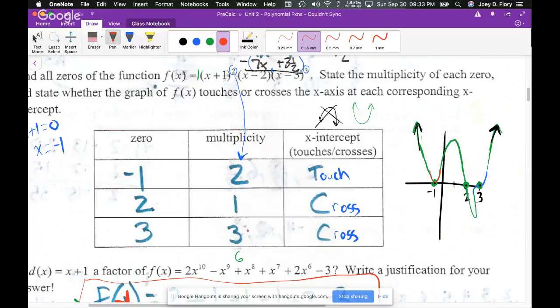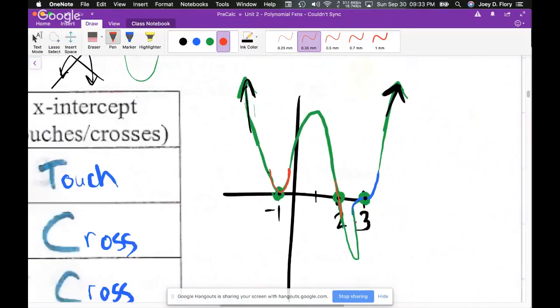It's a double root. At the 0 of 2, we've got a multiplicity of 1, so it's just going to cross straight through. If you zoomed in on that on a graph, it would look linear, just right around that section. And then at 3, it's going to look cubic because it has a multiplicity of 3. So notice how I've sketched it where it doesn't just cross straight through like it did with 2.